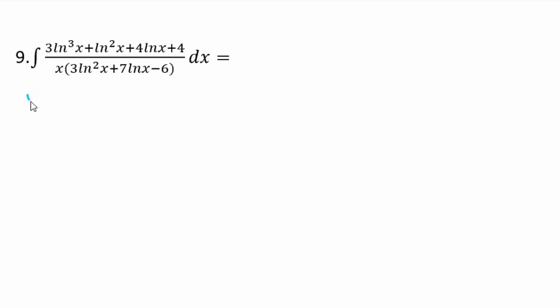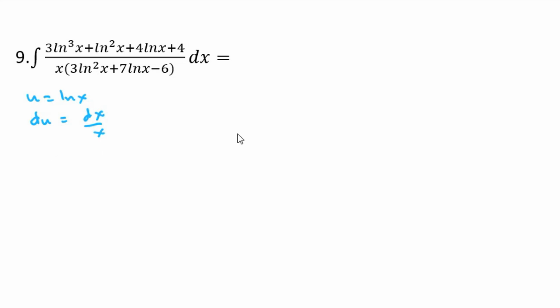So let's try to rewrite first the given. So I will write u equals ln of x. So u here is equal to ln of x, and the derivative of that is just equal to 1 over x of dx, or just dx over x.